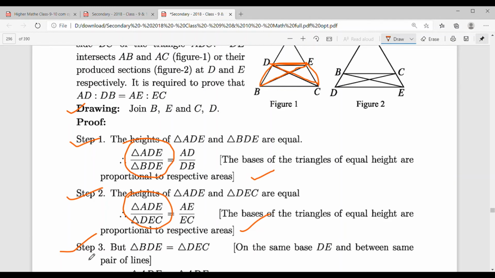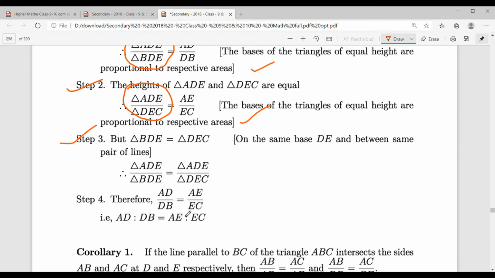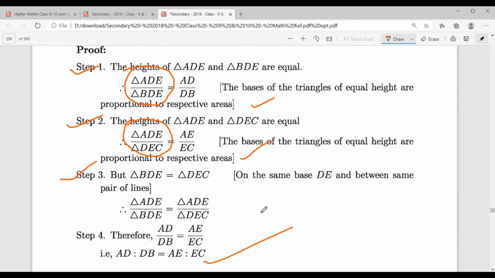But from step 3 we get that the areas of these two triangles are equal, so therefore these two ratios are equal. So therefore AD by BD is equal to AE by EC, that is AD is to BD is equal to AE is to EC. Hence proved.